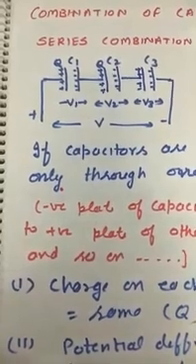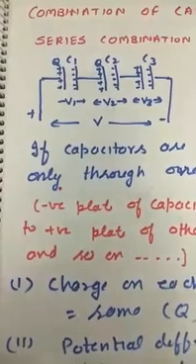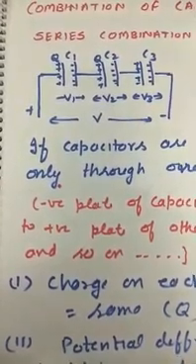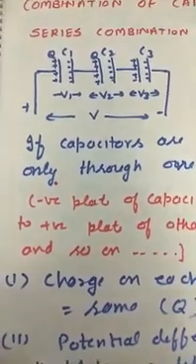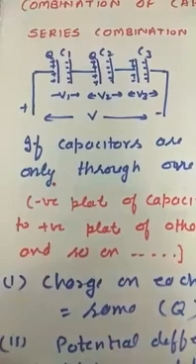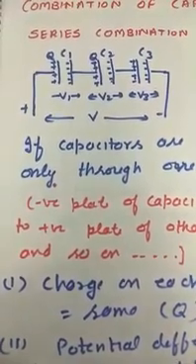The first capacitor has plus Q charge on one plate, so due to induction the negative Q charge will be on the other plate, but the positive Q charge of the second plate, which is on the outside, will flow to the second capacitor.